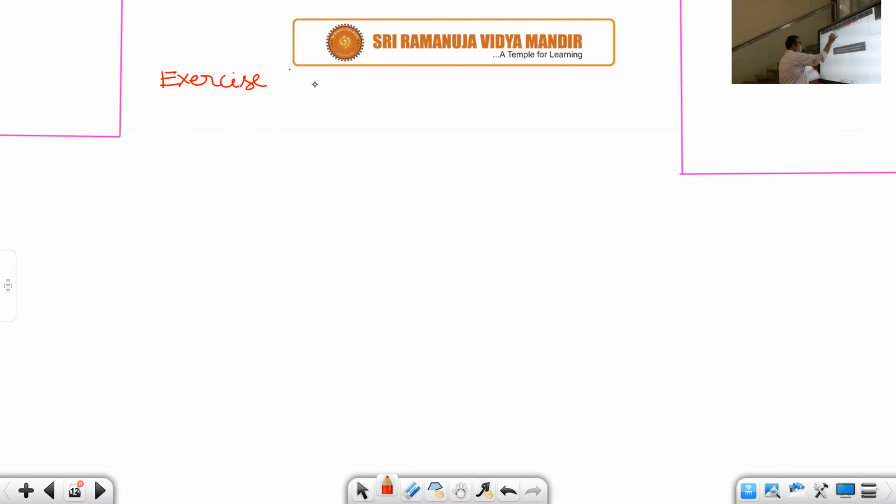Exercise 6D, third Roman, first question, third bit.